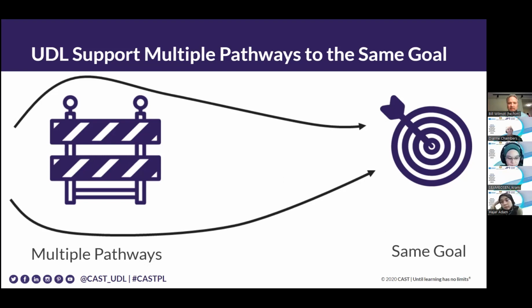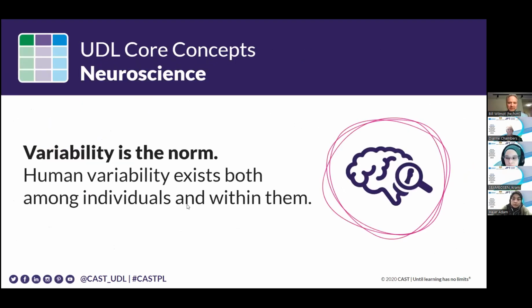And then thinking about multiple pathways to get there. Realizing that there are going to be barriers that will stand in the way for learners, and thinking about how we design in from the beginning, proactively, flexibility into the learning experience and the learning environment. So there are multiple ways to get to any particular learning goal.